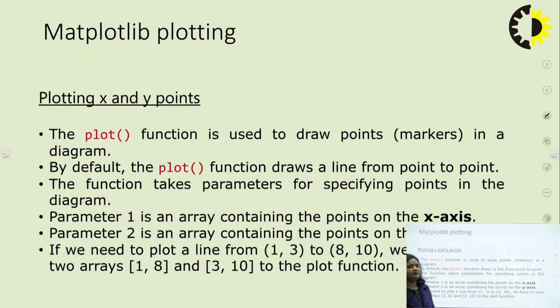So how do we do plotting in Matplotlib? First, we have to plot x and y points. If we have to draw a graph, we already know what the x points and y points are. So first we look at how to plot x and y points. For this, the plot function is used to draw points, or markers, in a diagram.